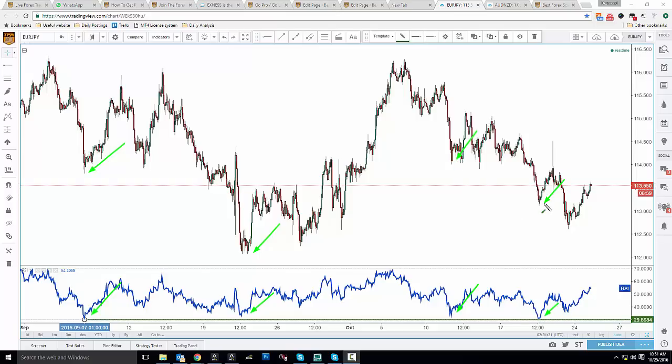So you can see that the RSI 29% and 30% is a very good level in indicating where possible bounces are going to occur.